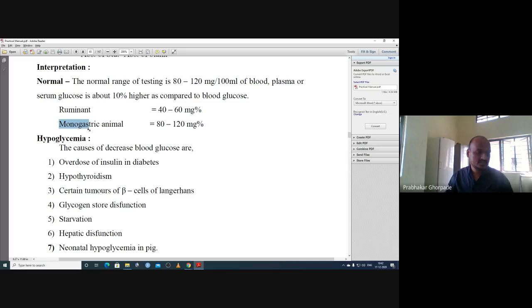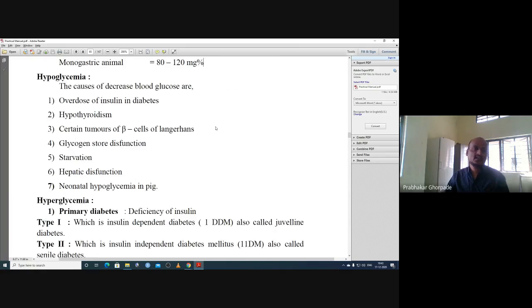If it is a monogastric animal, then we have 80 to 120 milligram percent, so 80 to 120 milligram per deciliter of glucose.